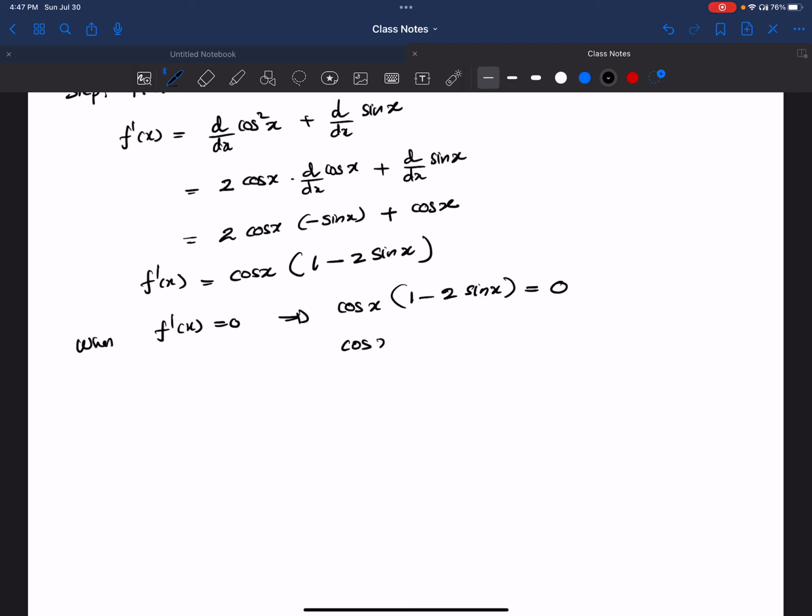That will give us cosine x equals 0, or sine x equals half, right?